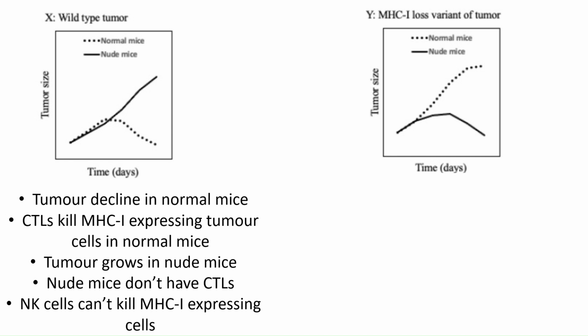Now, the way killing by natural killer cells works is that they have a variety of receptors. They are basically classified in two types, that is activation receptors and inhibition receptors. And MHC1 molecules bind to inhibition receptors, that is, natural killer cells won't kill any cells that are expressing MHC1 molecules.